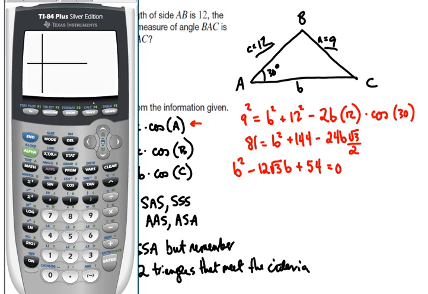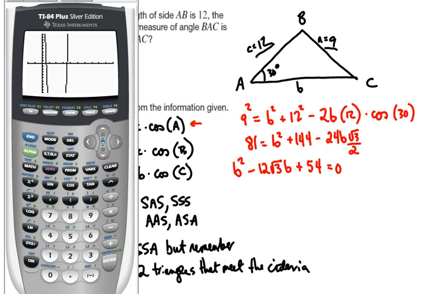And we do see that we would have two values that would satisfy that equation. Both of them are positive, therefore both of them are valid answers for B. And again, this is another indication that we have an ambiguous case here where there could be two.